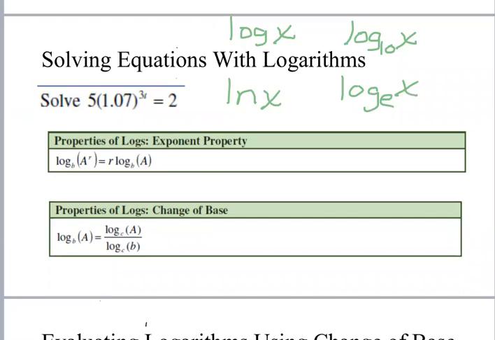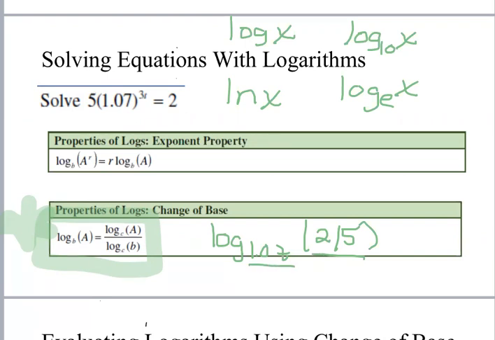But if we need to find one, such as log base 1.07 of 2/5, we can do what's called a change of base formula, which is going to come in handy for almost all of our log functions. And that says that you can take the log of your 2/5 and divide it by the log of your 1.07 and actually get a number out.